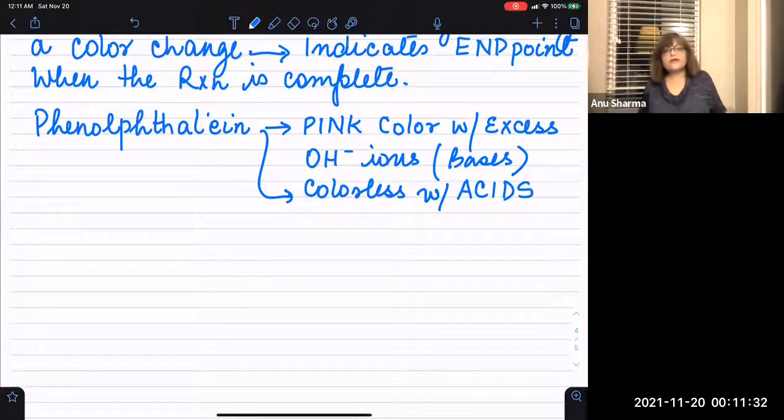So when all of the hydrogen ions are used up and no more hydrogen ions are left, then the only thing that is left in the solution is the base. Then we would see the pink color forming. So let me write this down.